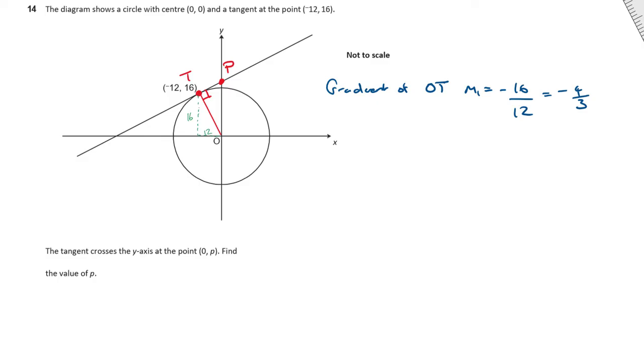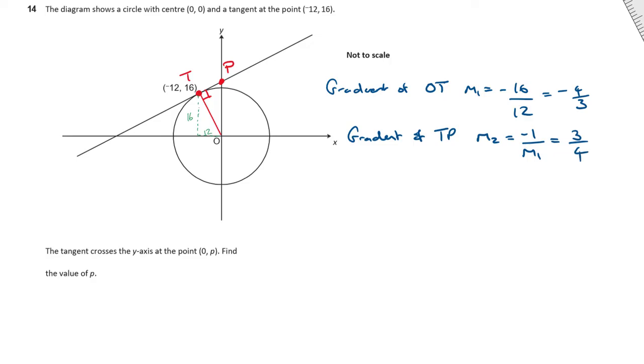Now, because the tangent is at right angles to the radius, the gradient of TP, which is our tangent, which I'm going to call M2, is going to be minus 1 over M1, the negative reciprocal of the gradient of the radius. In other words, we take the gradient of the radius, flip it over and negate it. So minus 4/3 becomes 3/4, flipped over and sign changed.